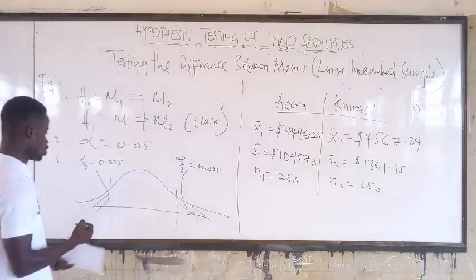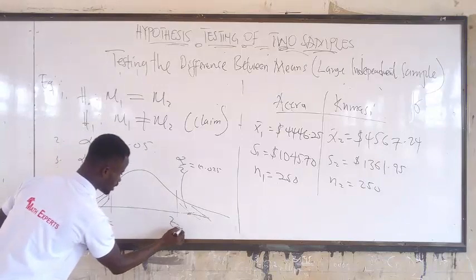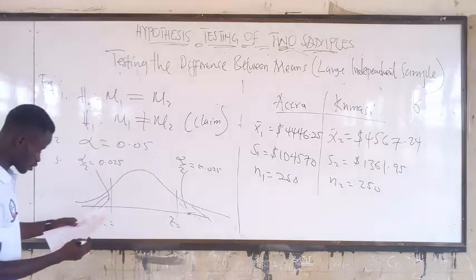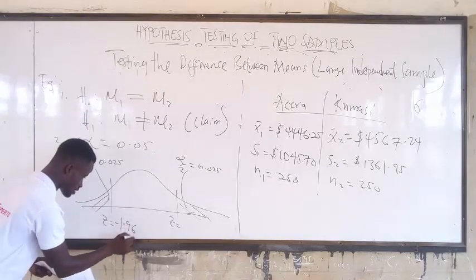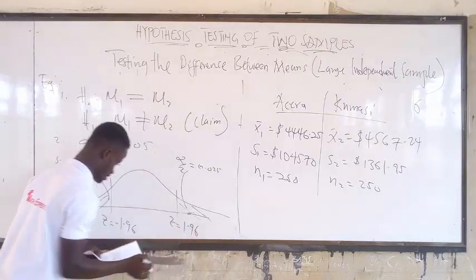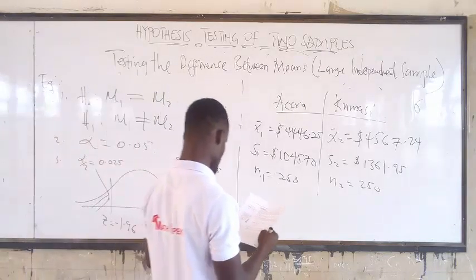Beautiful. So you determine your critical value here. And you know that this is going to be negative 1.96 and positive 1.96. Alright, so that is going to be that.